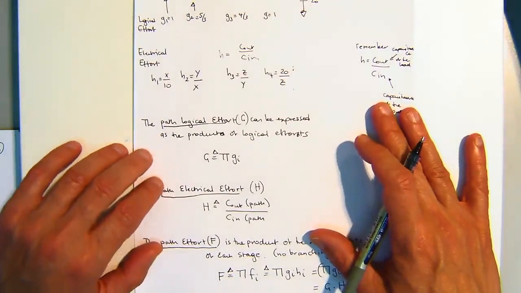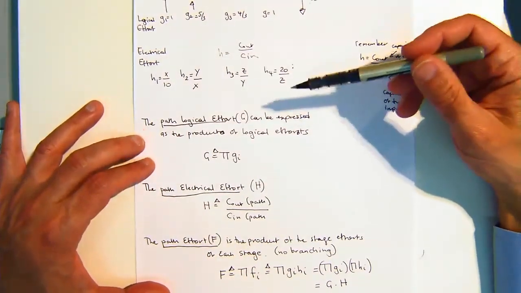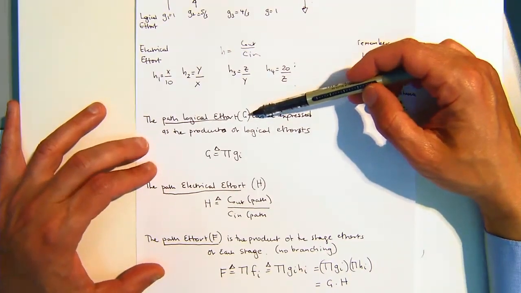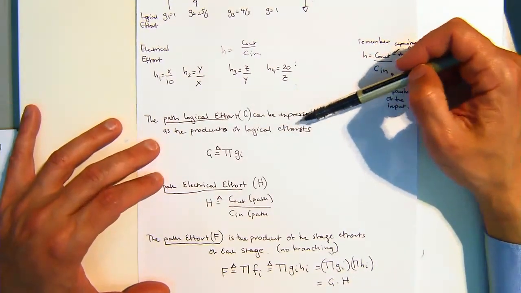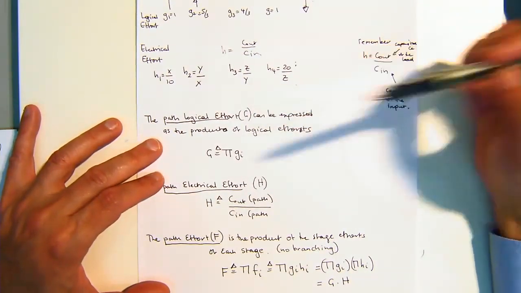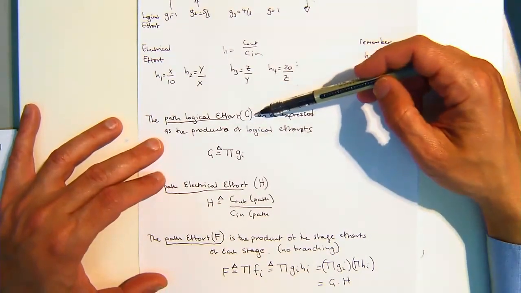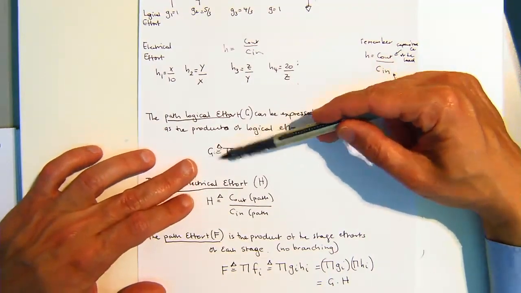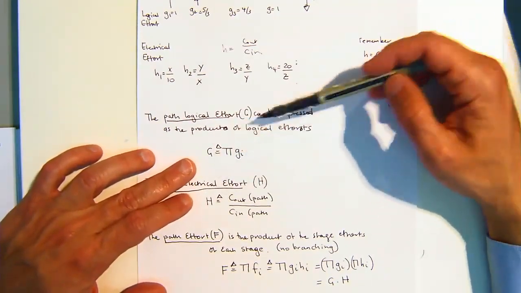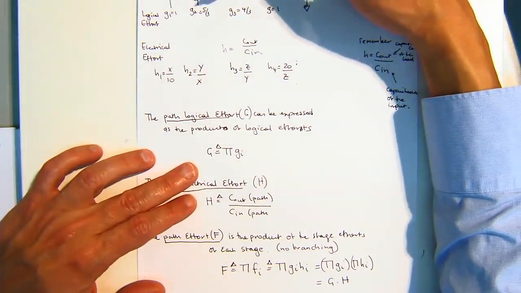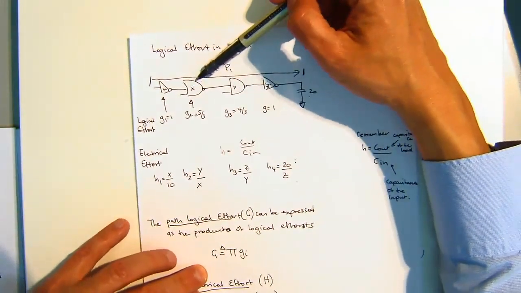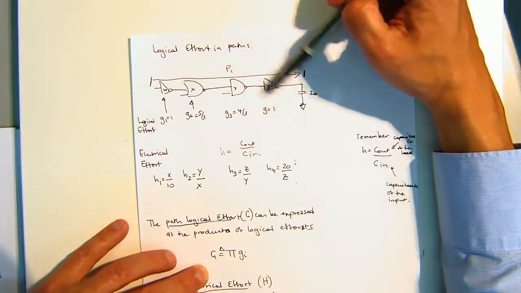Okay, so we're going to define the path logical effort, and we'll call that capital G. It's defined as the product of all the logical efforts of all the components in this circuit.